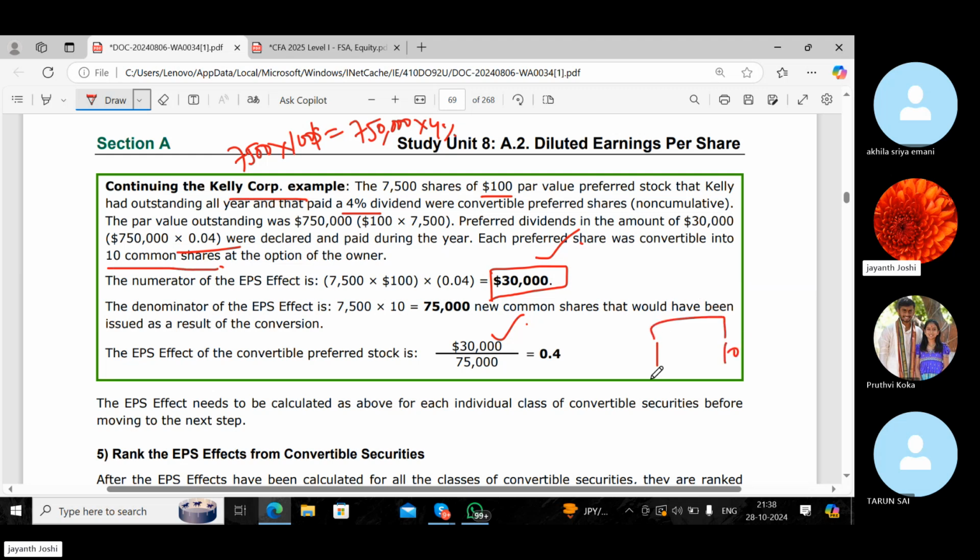So 7,500 preference shares into how many common shares? One preference share to 10 common shares. So 7,500 into 10, 75,000 common shares. So this is the denominator. This is the numerator, and the EPS effect of convertible preferred stock is this. Done. Please have a look.